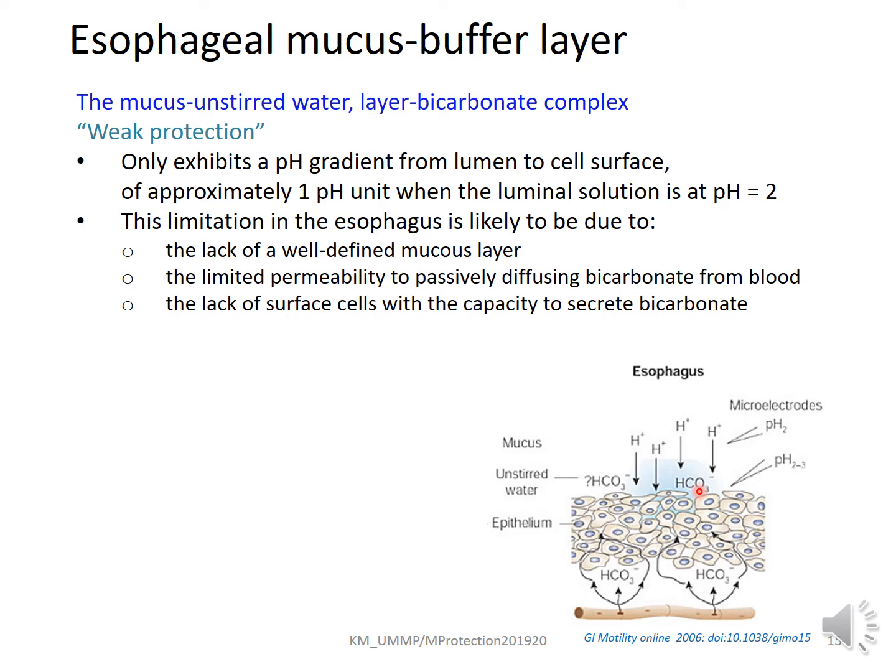So it seems to have a weak protection. Why? It may be because of the lack of a well-defined mucus layer, and the bicarb has a limited permeability, and the surface cells cannot secrete bicarb either.